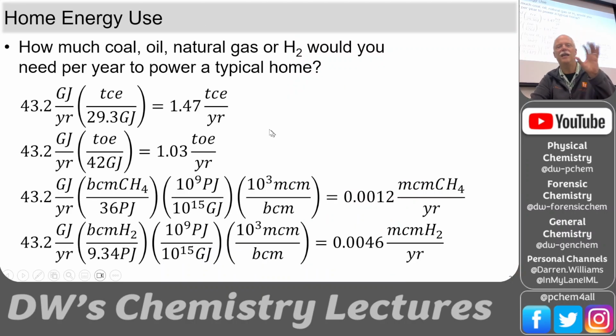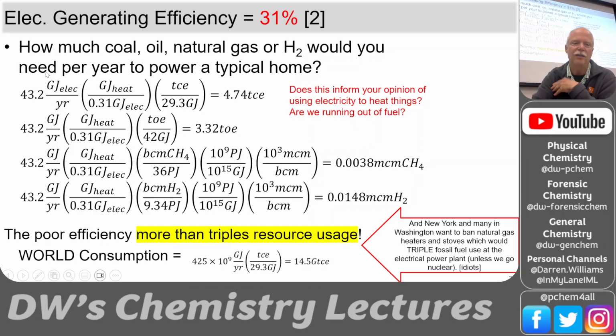Now, this does not take into account, we're talking about energy usage, electricity. So let's take into account the efficiency. So look at this, roughly 1.5 tons of coal. If we take into account that our electrical grid is only 31% efficient. Now look at the scale I want to teach you here. Everything is joules, but let's put subscripts on our joules.